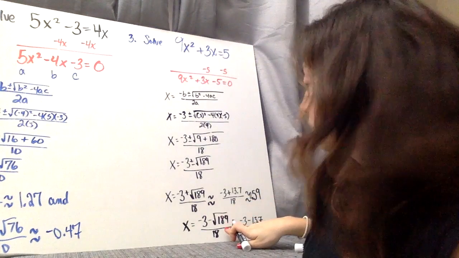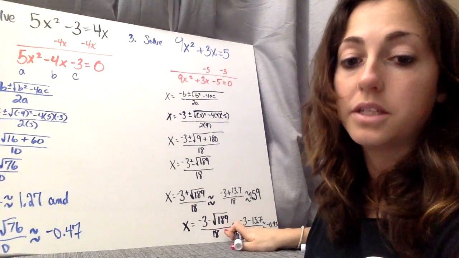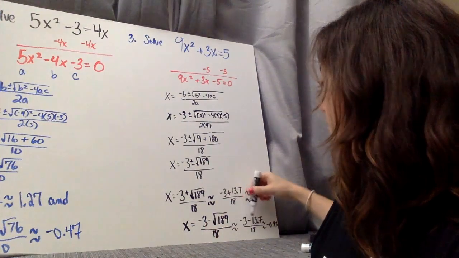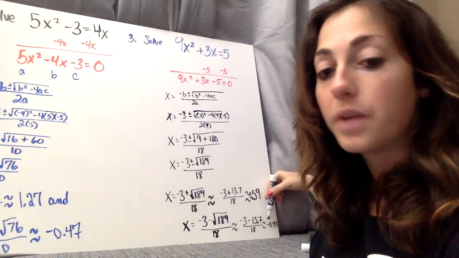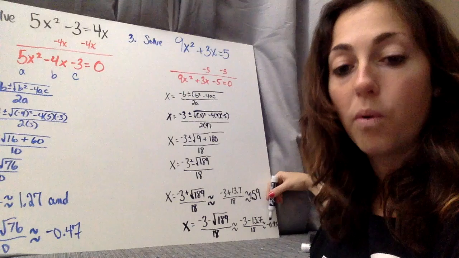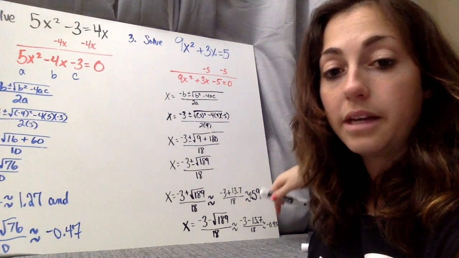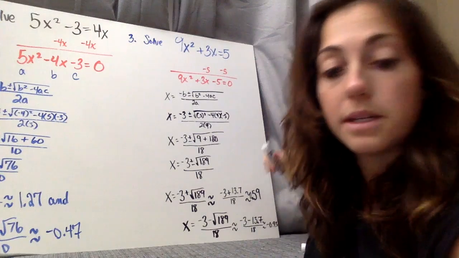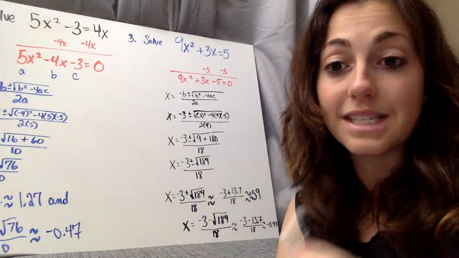And here, negative 3 minus the square root of 189 divided by 18, that's like negative 3 minus 13.7 divided by 18, and that is approximately negative 0.93. Okay, so these answers are approximately, because they're not exact, and we're going to practice some more problems after this. Great job.